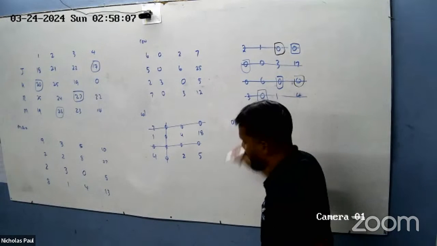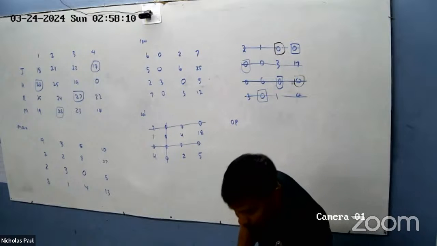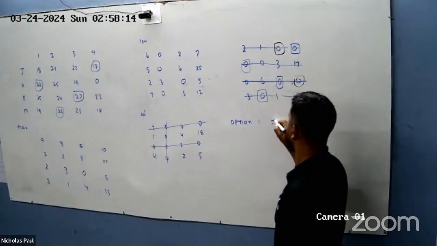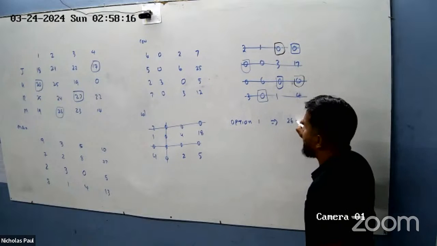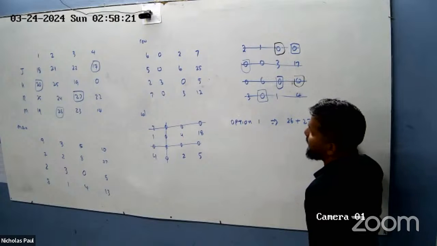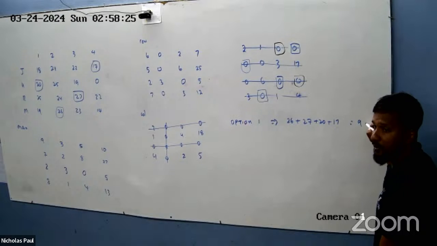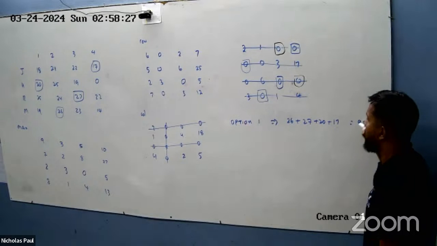So this is option 1, right? Option 1 is 26 plus 27 plus 20 plus 17. What is this? 90? 90. How about option 2?